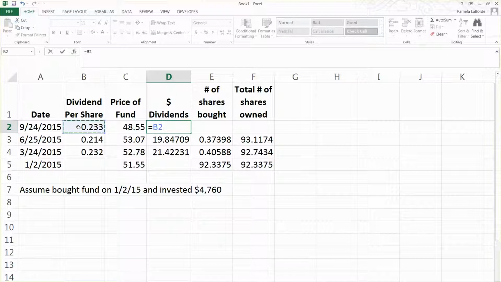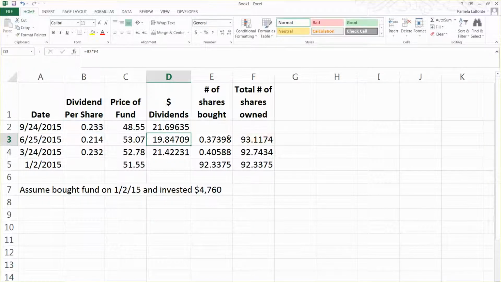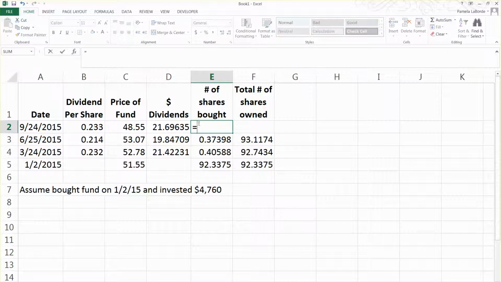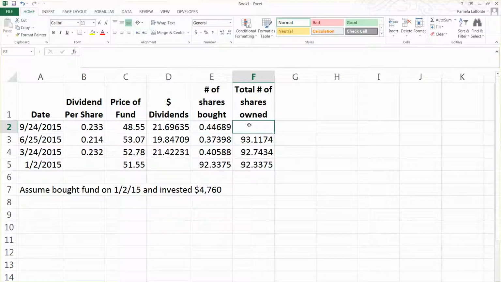In September, take the 23.3 cents per share times the number of shares that she owns to get the dollar dividend that she is entitled to. Take that dollar dividend, divide it by the price per share of the fund on the day the dividend was received, and that's how many shares she can afford to purchase or reinvest with her dividends.